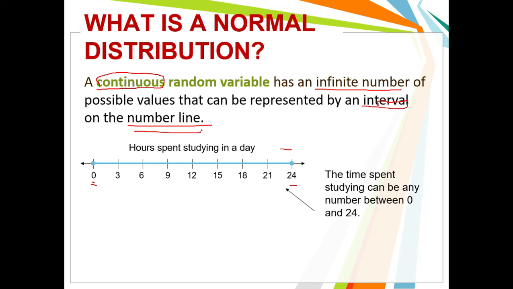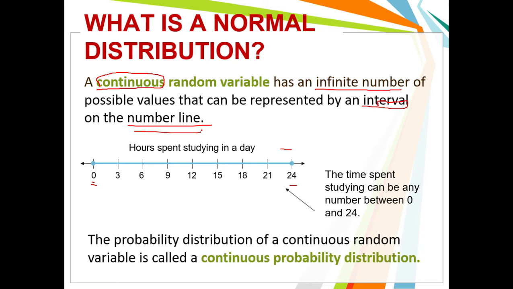So, yung ating 0 to 24 is a continuous random variable. Any number in between 0 to 24 is considered a continuous random variable, because that is part of our interval, which is part of the number line na may infinite values which are either negative or positive.